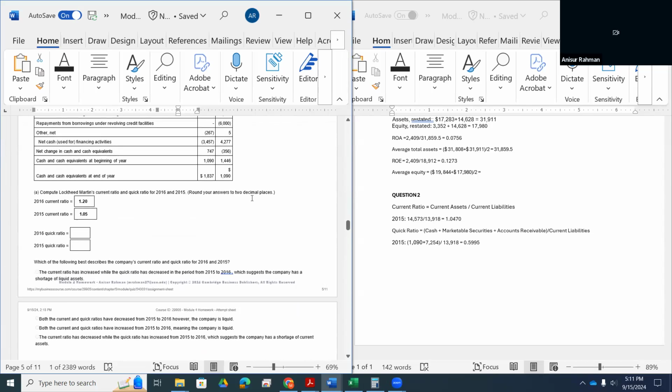So 2 decimal places. So it should be 0.6. Following the same process, you should get 0.8.